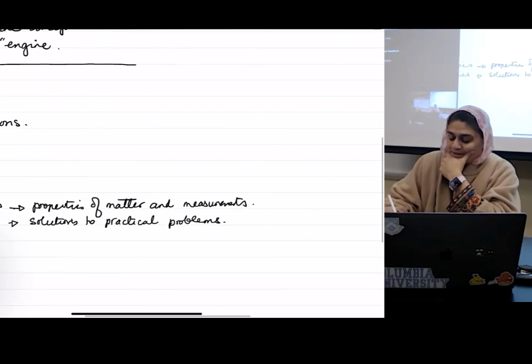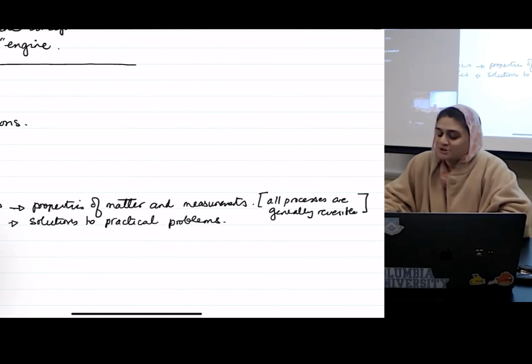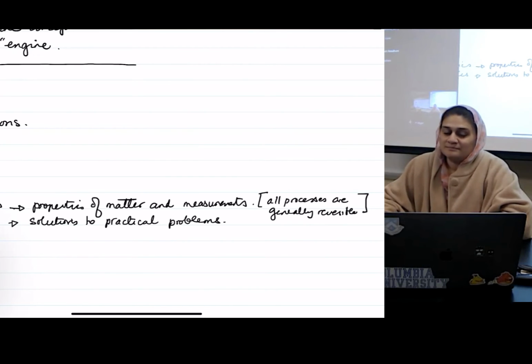Theoretical thermodynamics says all processes are generally reversible. We find the solution, then we try to figure out how wrong we were. Applied thermodynamics is what engineers are concerned with.